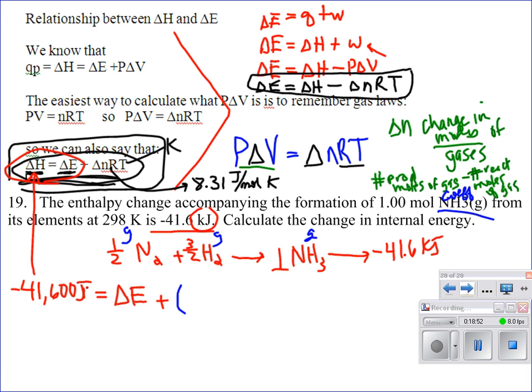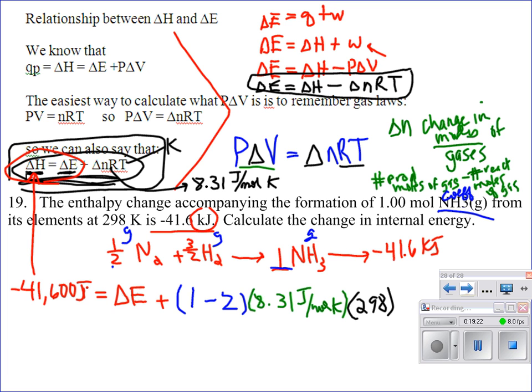So knowing that, how many moles of gases do we have in products? 1 minus, what's the sum of these two? 4/2 is 2. That's your delta N. Times the R of 8.31 joules per mole K. Then times your T, 298.